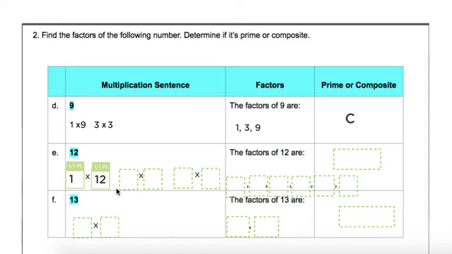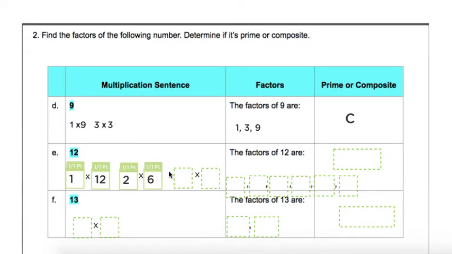If you're not sure, pause the video and skip count by 2. Yes, it can. 2, 4, 6, 8, 10, 12. What are we multiplying 2 by to get to 12? Good, 6. All right, so we have 1 times 12, 2 times 6.